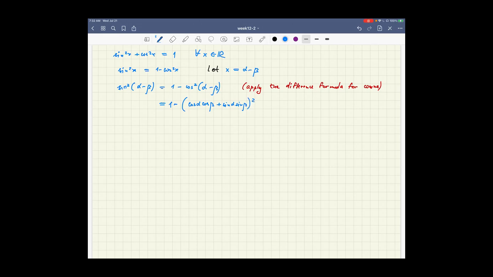All that is now squared. Now, in the next step, we will expand this square, and I would like also to replace 1 by cosine squared and plus sine squared.